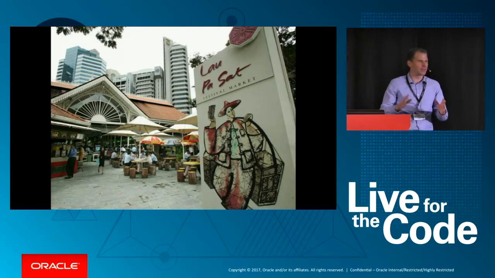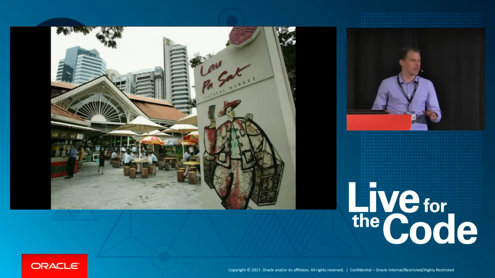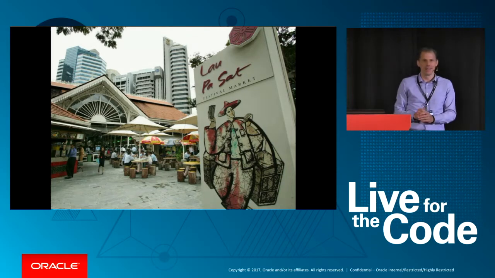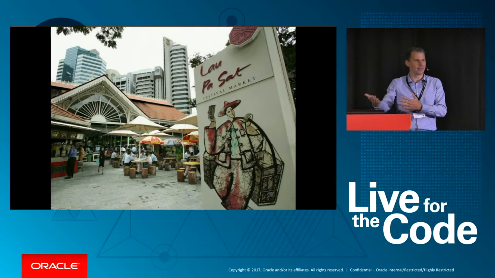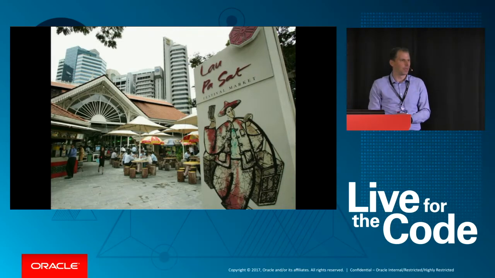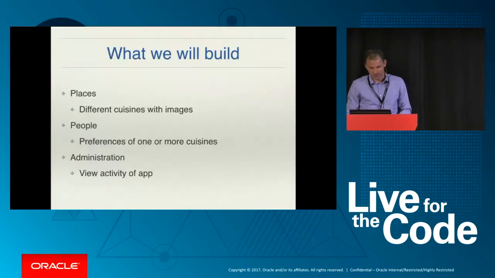So I thought I'm going to change my entire theme of this session, and I'm going to build an application for this place. So the manager can manage the food courts that are on that place, and you have people who can vote on the food places, if they like it or not. So that's the theme that I want to give you.